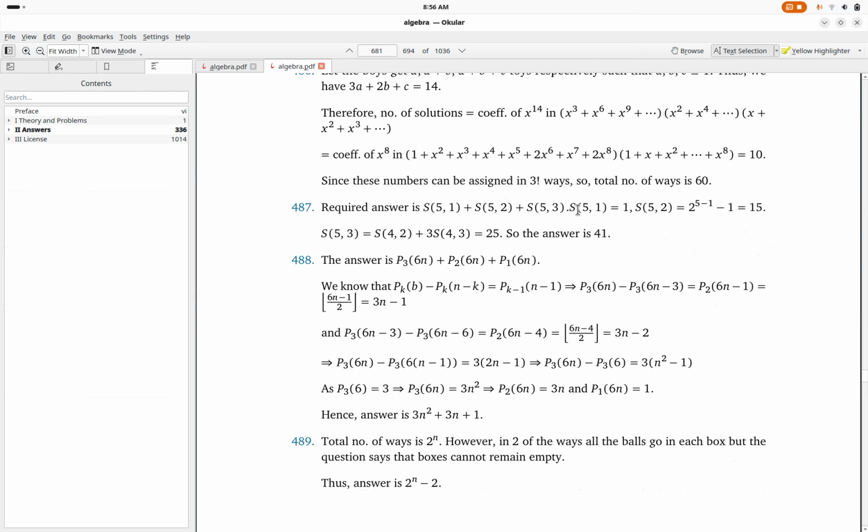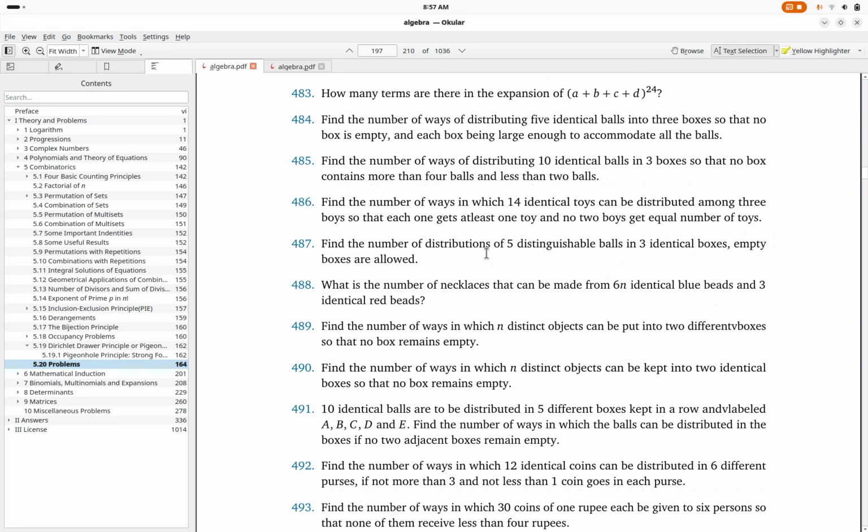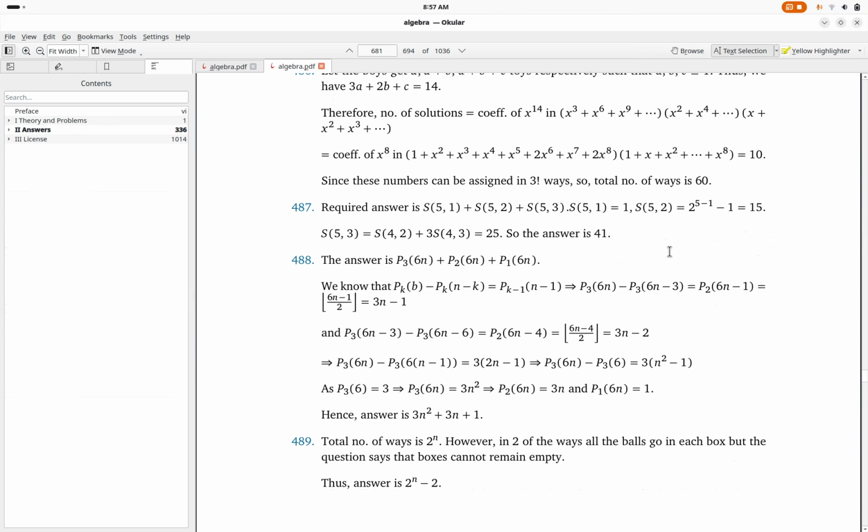I'm not sure what this means. Let me think. Distribution of 5 distinguishable balls in 3 identical boxes. I will explain this a bit more later, probably in the next video. I'm not sure how to identify this. Apologies for my tardiness, and we will see this problem in the next video.